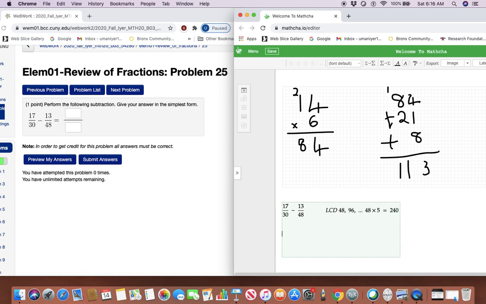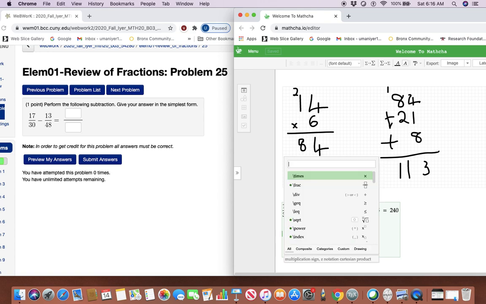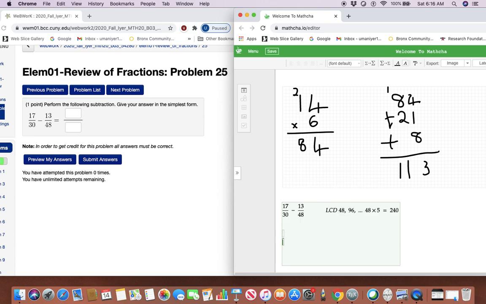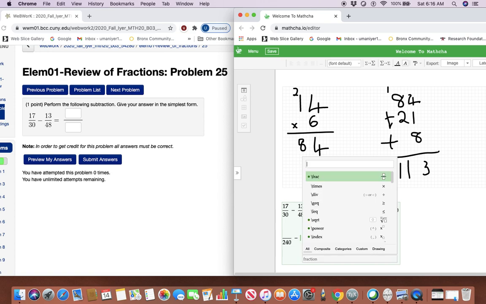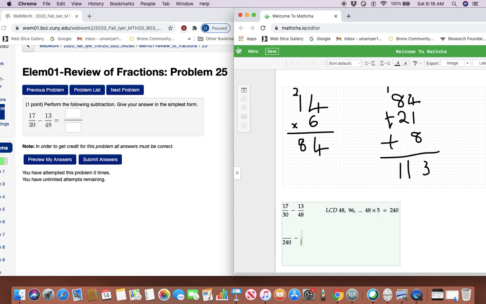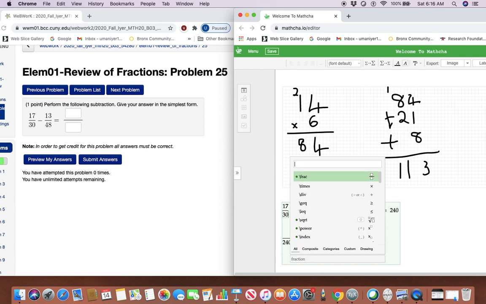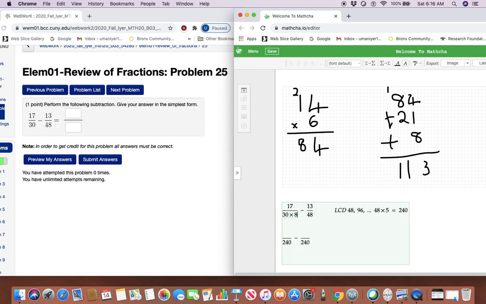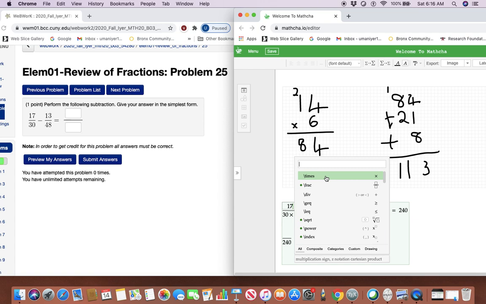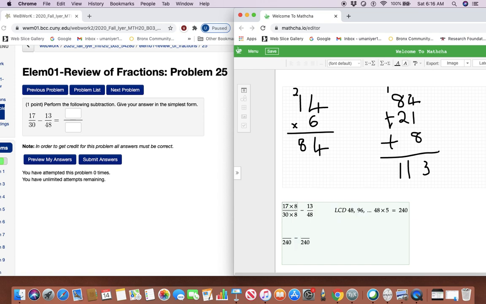There are many ways of doing this. So the point of this is get the same denominator. Okay, what did we say? 30 times 8 is 240. So multiply by 8 to the denominator and to the numerator.